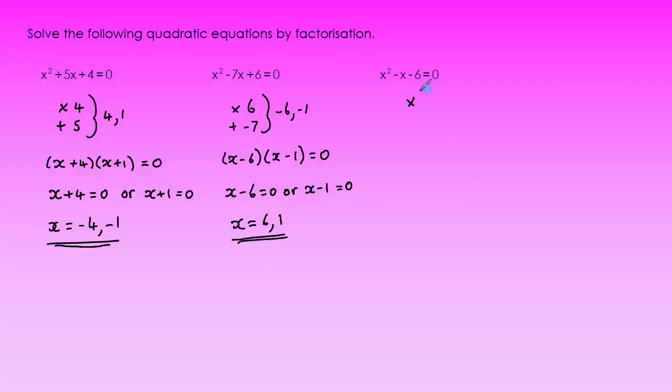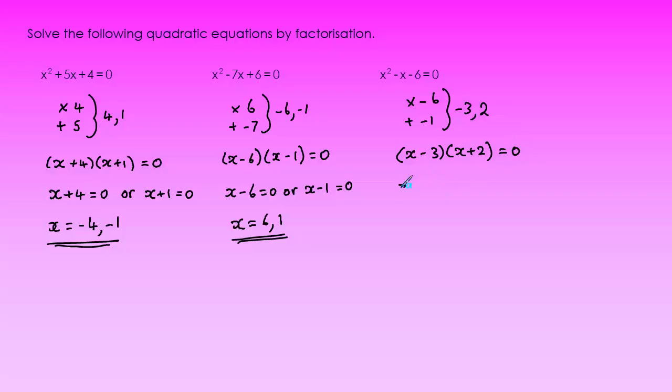Here we want to multiply to get negative 6 and add to get negative 1. So negative 3 and positive 2 would do that. So we have x minus 3 and x plus 2 is equal to 0.